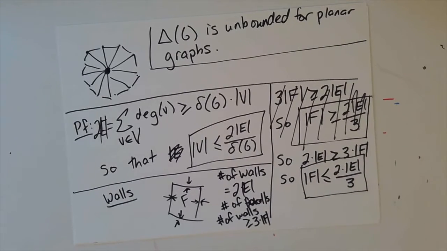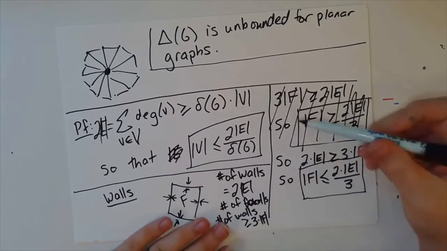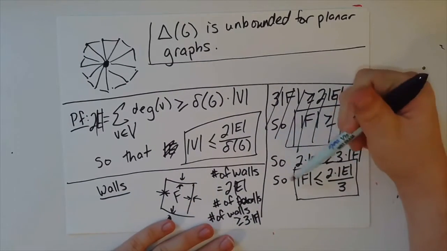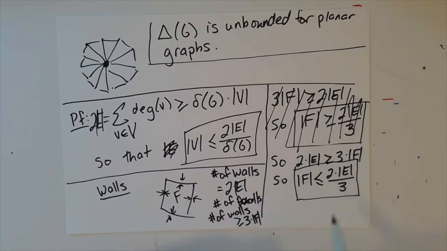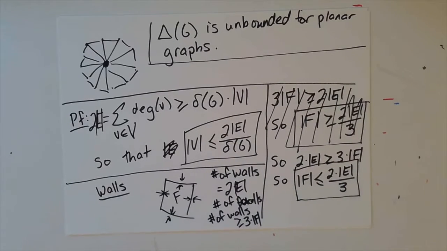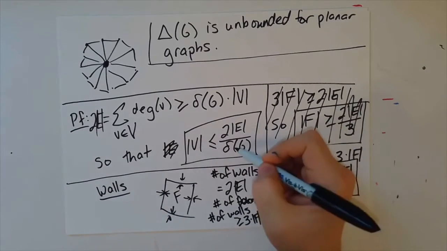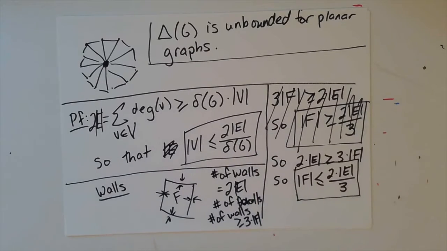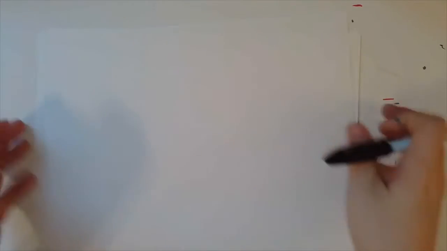Okay, so there's 2 pieces of this story, and so basically I've here related everything back to the number of edges and to this mysterious number delta, which is the smallest degree of any vertex. So now I want to think about what all of this tells me about Euler's theorem.